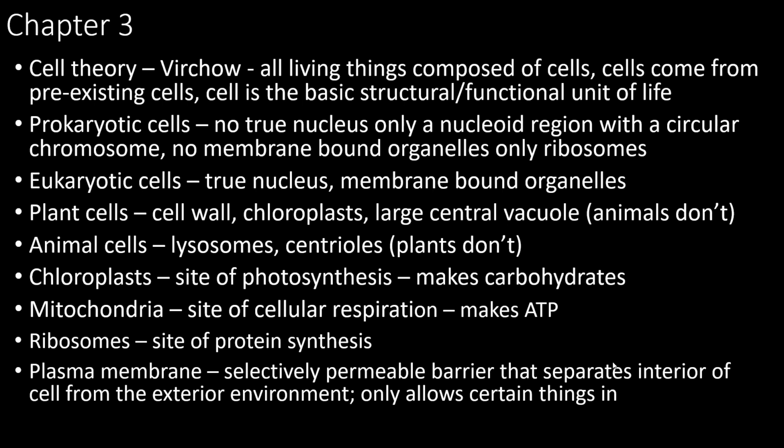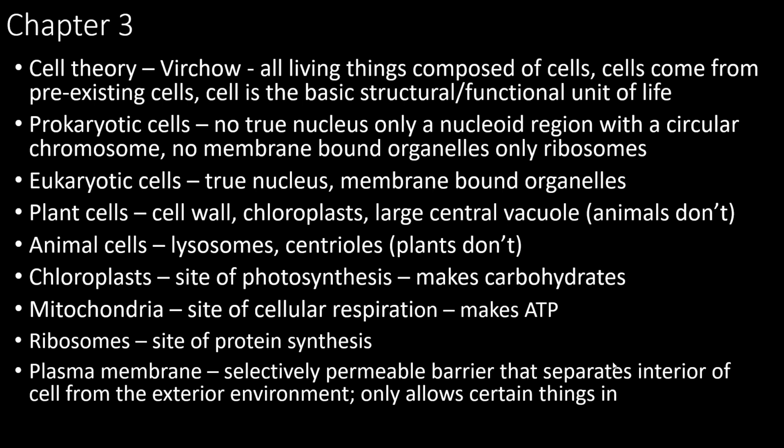Cells come from pre-existing cells, and a cell is the basic structural and functional unit of life. These things are all true. The reason this is still a theory and not the cell law has to do with the fact that cells come from pre-existing cells, because in science, we cannot actually pinpoint exactly where that first cell came from.